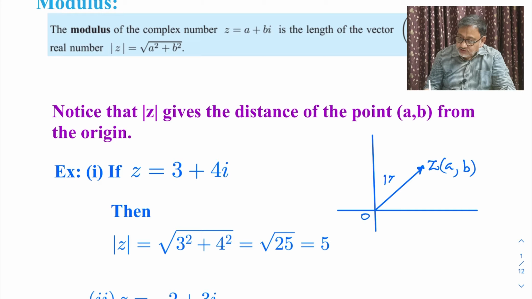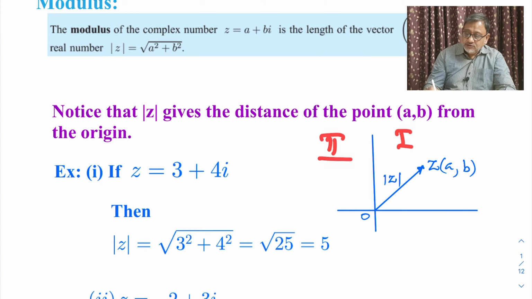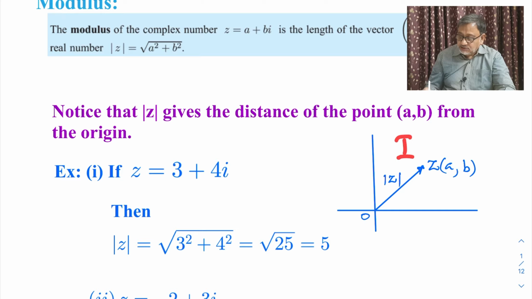This OZ represents the modulus of z. So the modulus of z is nothing but the distance of point z, which represents the complex number z, from the origin, and it is always positive wherever it is, in the first, second, third or fourth quadrant, because it is a distance, so it cannot be negative.